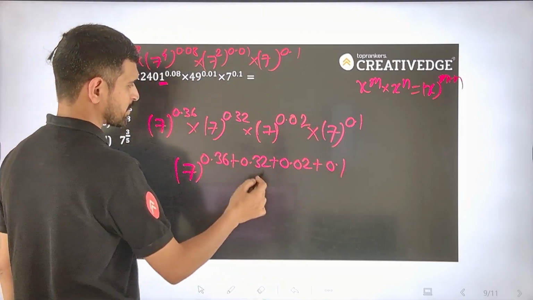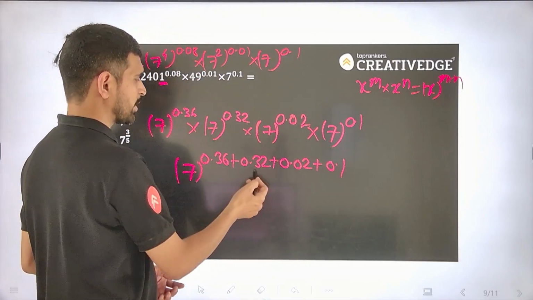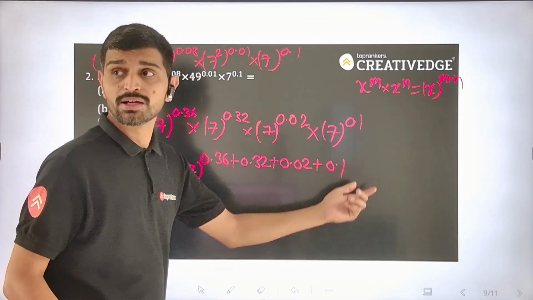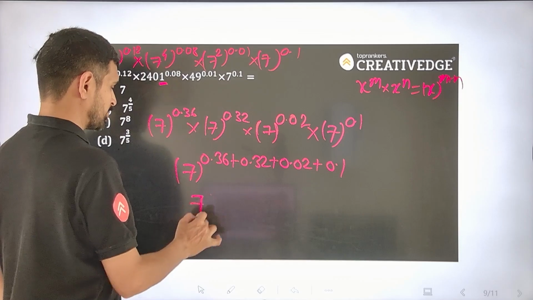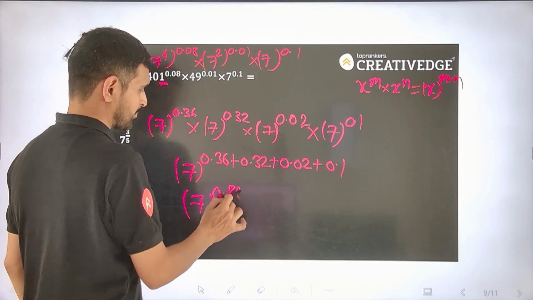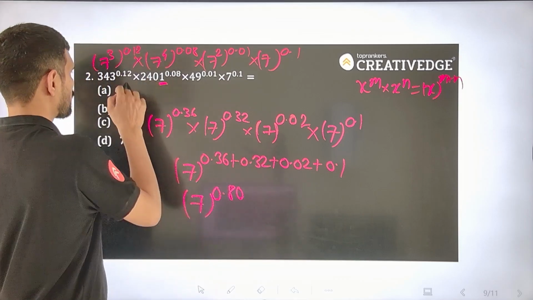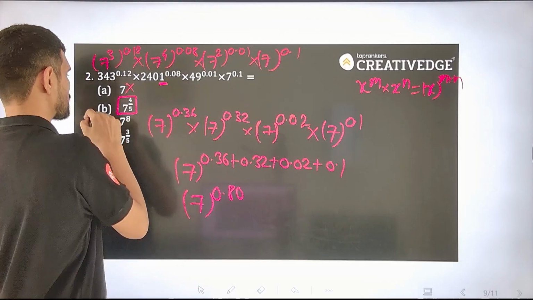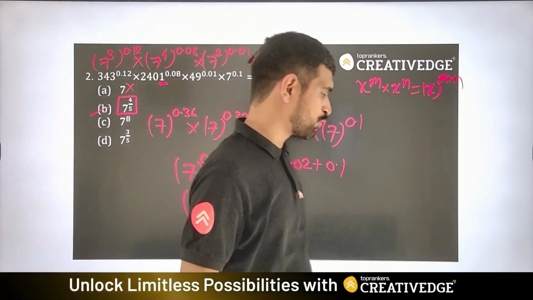So see, 36 and 32 and 2. So 36 and 34, 36 and 34 is 70, 70 plus 10, 80. So this is 7 to the power 0.80, and when you simplify, your answer becomes 7 to the power 4 by 5.